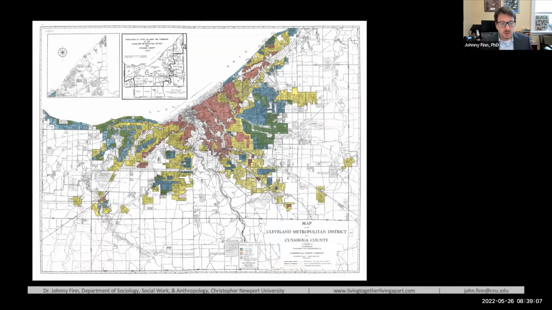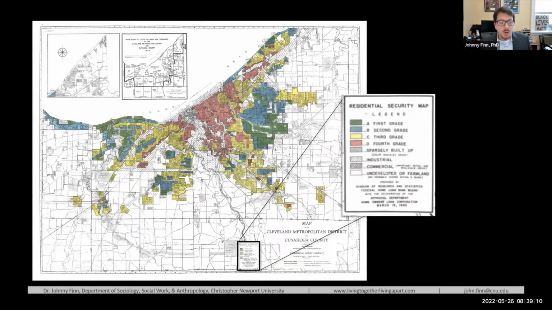And so government workers called raters went out neighborhood by neighborhood and graded or rated neighborhoods for their security. And security not in terms of crime, but security in terms of the federal government investing dollars to help homeowners save their homes from foreclosure. So what they did is they went neighborhood by neighborhood and said, these are the best neighborhoods in green.